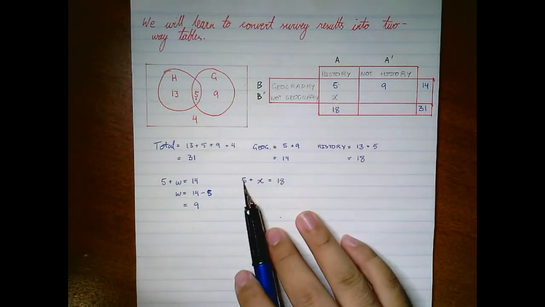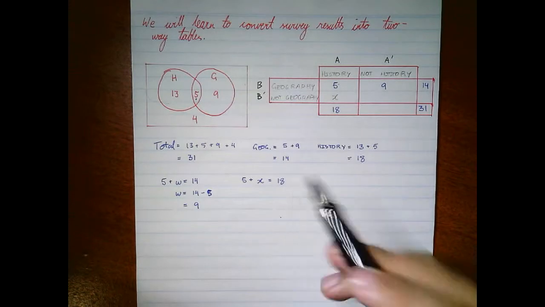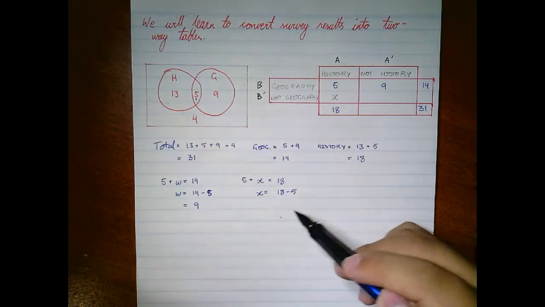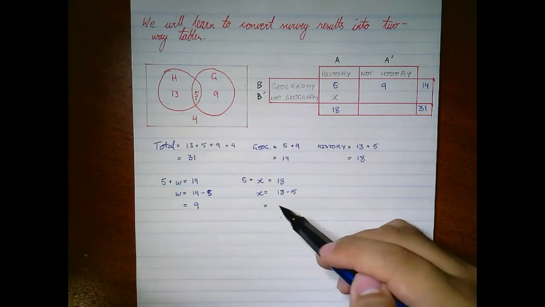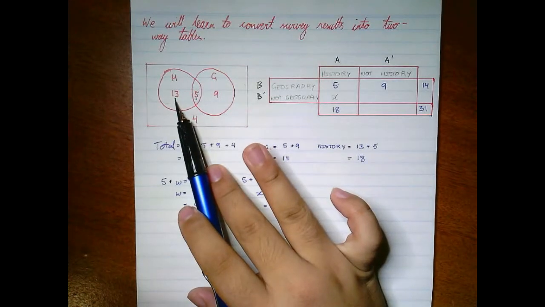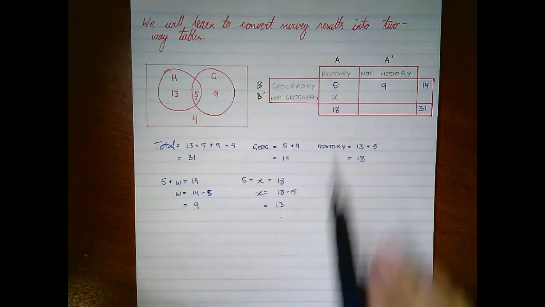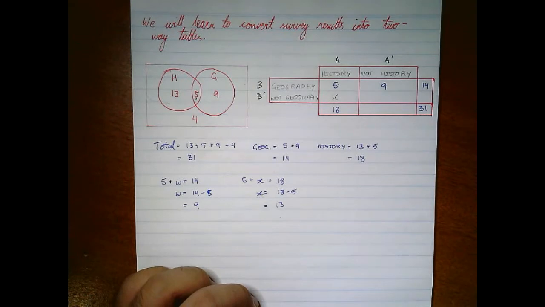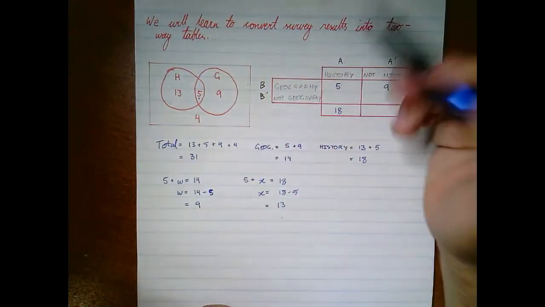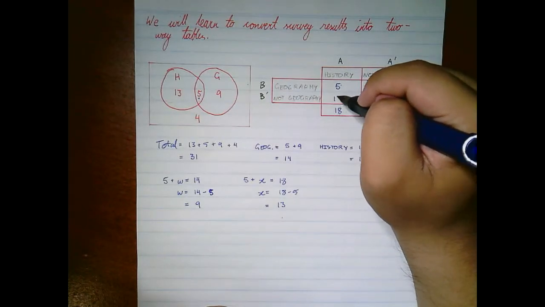Solving for X, I'm going to move the 5 across, so we get X is equal to 18 minus 5, which gives us 13, which once again is there, but it wasn't as apparent. I prefer solving it using algebra. That there is 13.